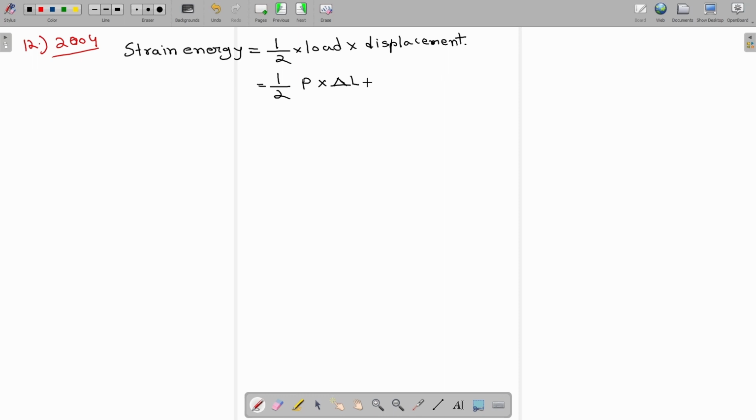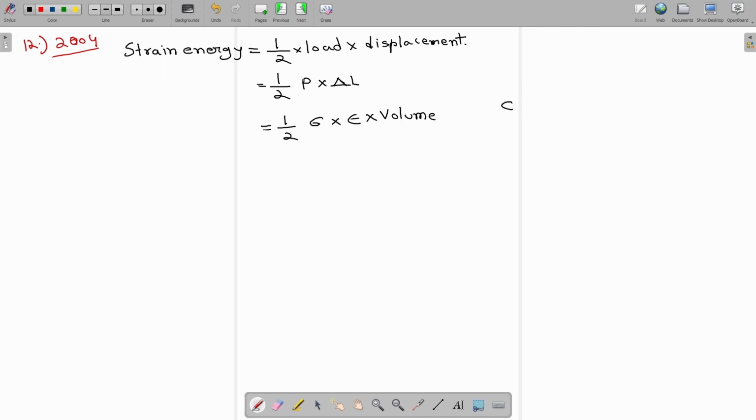To obtain the relation between strain energy and displacement, we need to convert these variable functions into constant functions. So another equation is strain energy is given as half into stress into strain into volume, right?